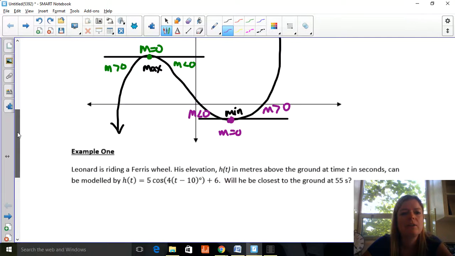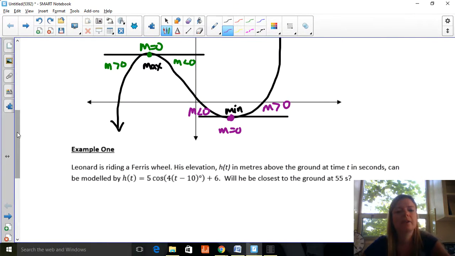Okay, so we have this sinusoidal example here about Leonard riding a Ferris wheel. So his elevation can be modeled with this equation. Will he be closest to the ground at 55 seconds? So that's just a fancy way of saying, is t equals 55 a minimum?